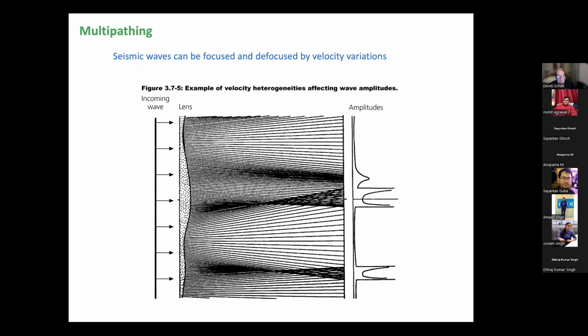Now, seismic waves can be focused and defocused by velocity variations. So imagine I have this high velocity feature and it varies in topography. It will focus and defocus seismic waves.